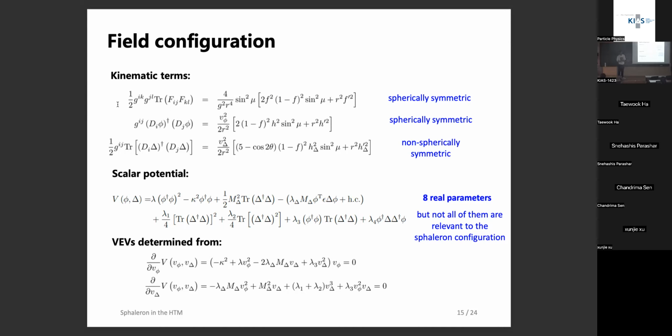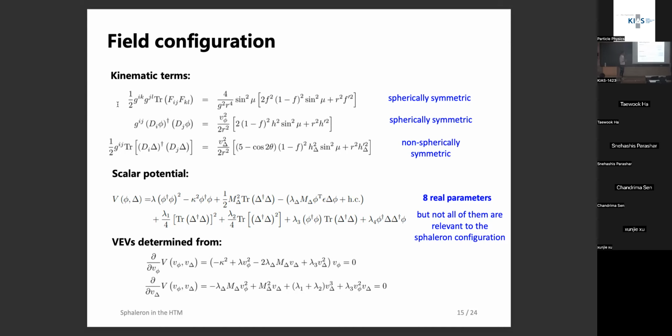This is because the triplet follows a more complicated representation, that is the adjoint representation, not the fundamental representation of the SU2 gauge group. And the scalar potential in the Higgs triplet model is of the most general form. So the most general gauge invariant terms in the scalar potential, including one doublet and one triplet.